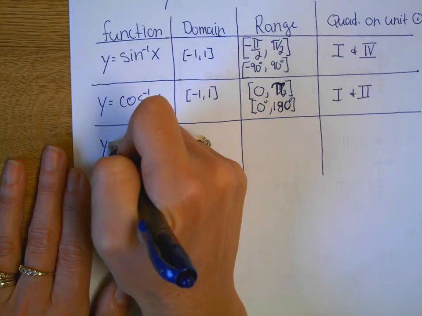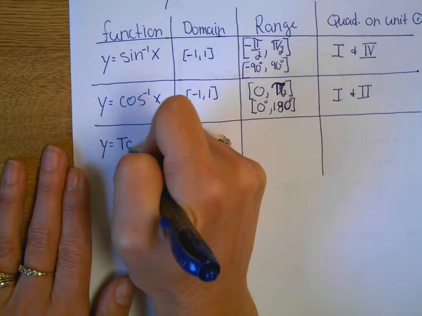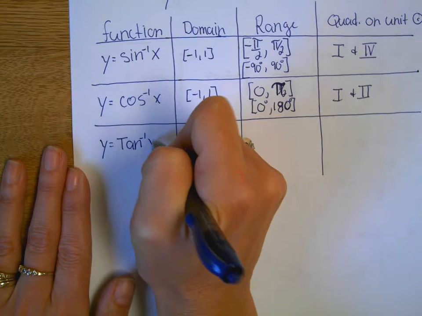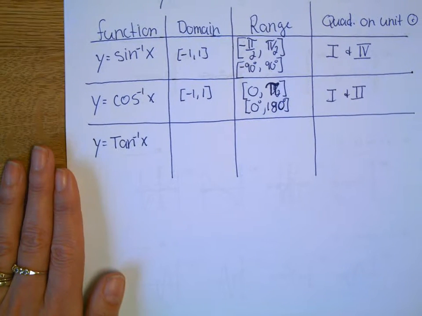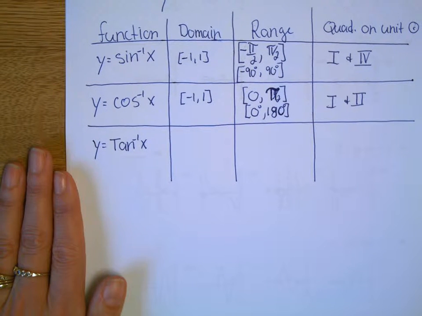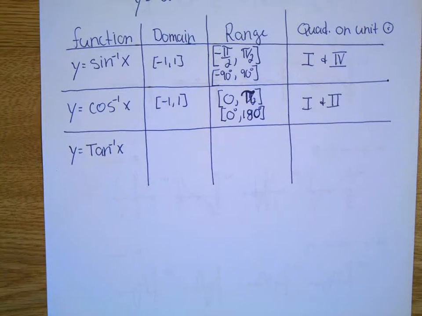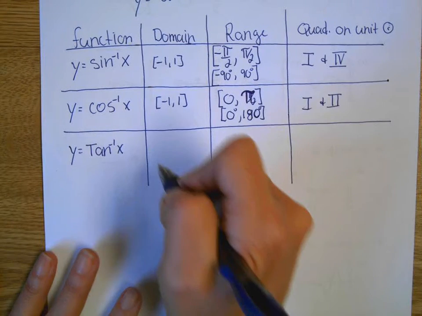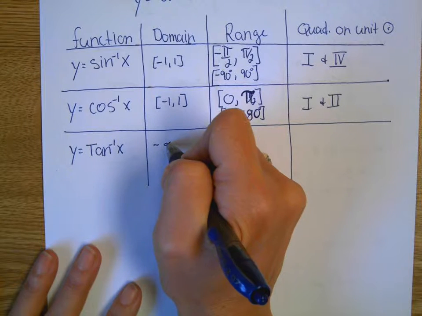Inverse tangent. Does that say 0, pi over 2? Just pi. So 0 to pi. So negative 1 to 1. Tangent is negative infinity to infinity. Because remember, anything can be, because it's the two legs divided.